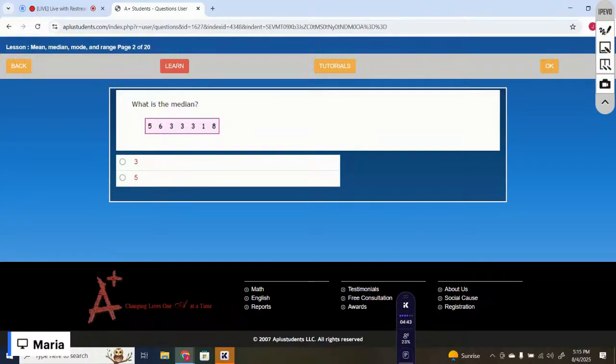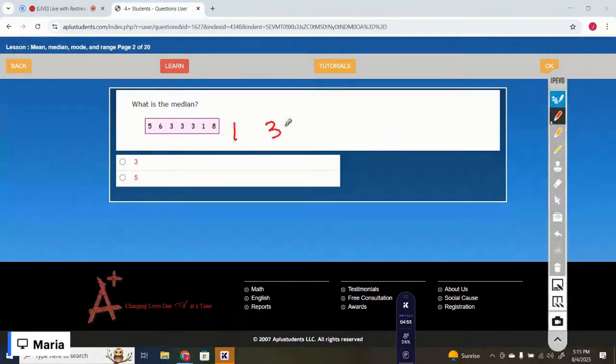What is the median? Let's just arrange the numbers from least to greatest and then we will calculate the median. So that is 1, 3, 3, 3, 5, 6, and 8. So median is the number that is in the middle of the data that divides the data into two exactly equal groups.